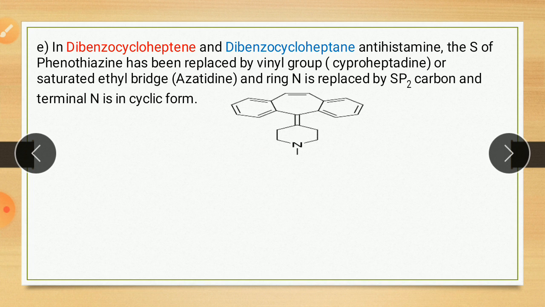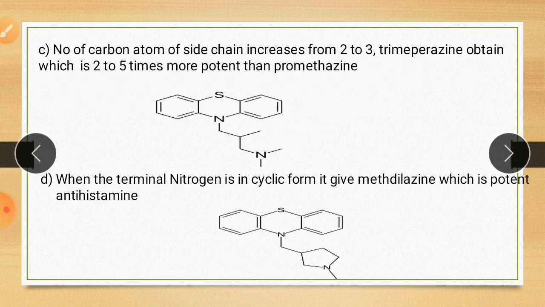If we see the structure of phenothiazine, it consists of 3 rings. The first is an aromatic ring, then a sulfur-containing ring. This 3-ring system is called the phenothiazine ring. So it is an aromatic ring, then sulfur, then nitrogen, and then another phenyl ring.